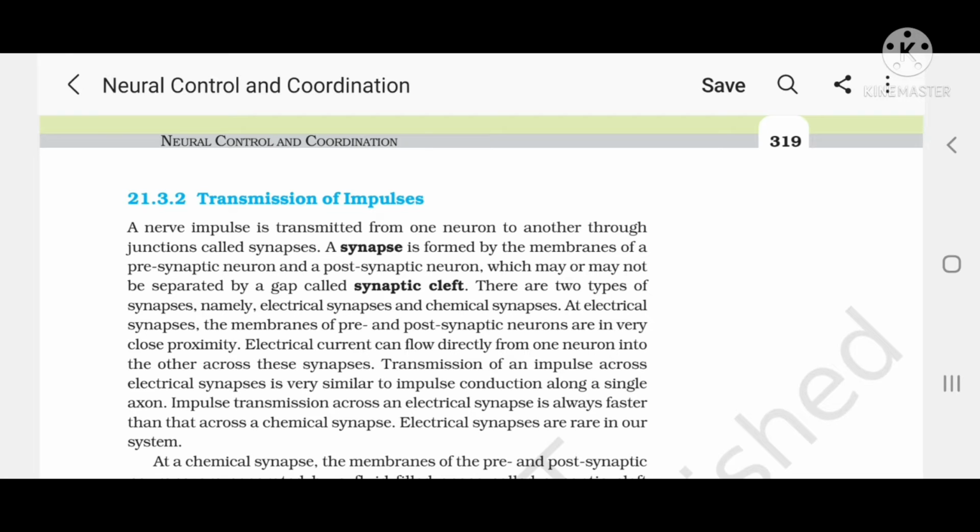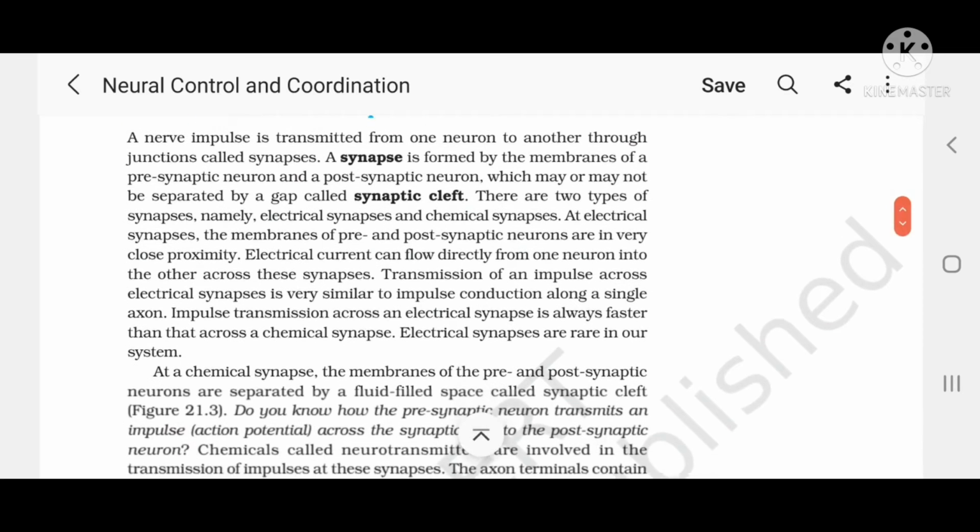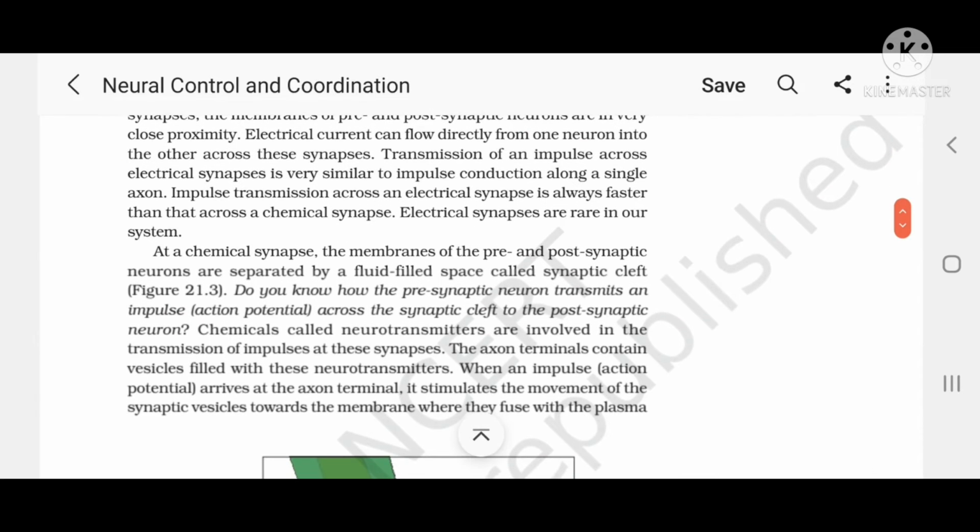At chemical synapses, the membranes of the pre- and post-synaptic neurons are separated by a fluid-filled space called synaptic cleft. Chemicals called neurotransmitters are involved in the transmission of impulses at these synapses.